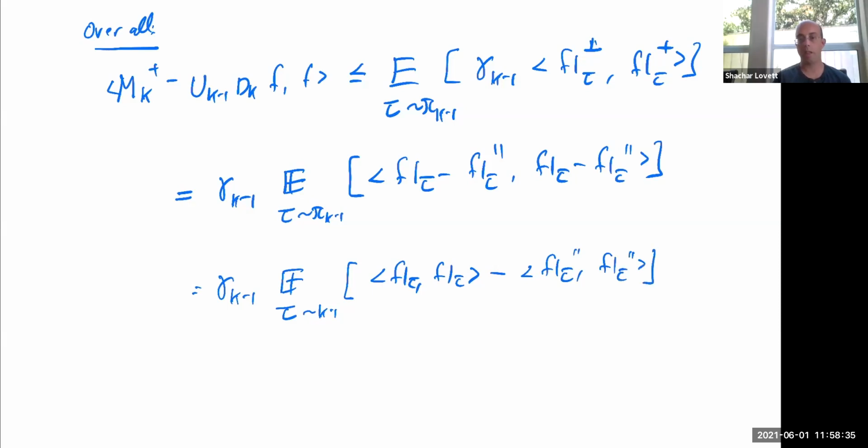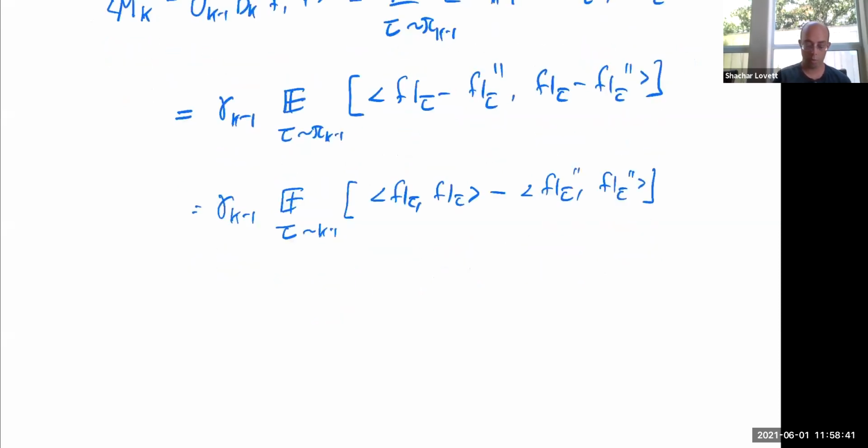And now we can again apply Garland's method and then go back from k minus 1 links to the full function. So that's going to be equal to gamma k minus 1 ff minus uk minus 1 dk ff.